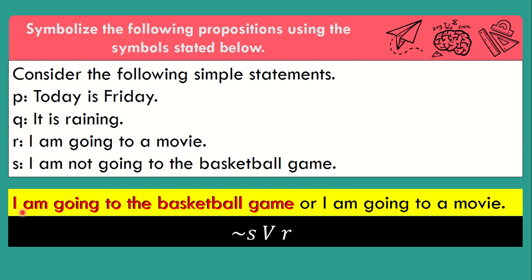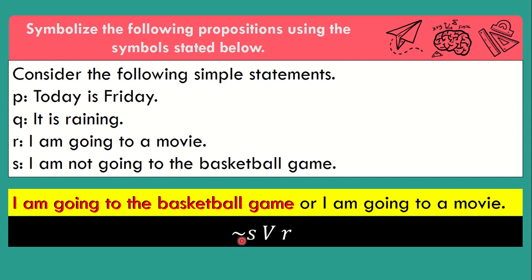But in our compound proposition, it is I am going. So since we have the statement S, we're going to negate that, giving a double negation, so that we have the statement, I am going to the basketball game. So instead of just putting S, we have the negation of S. So take note of that.